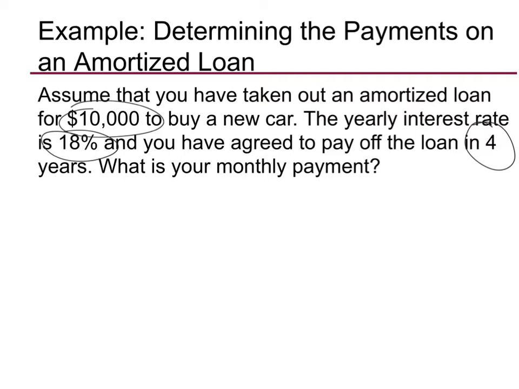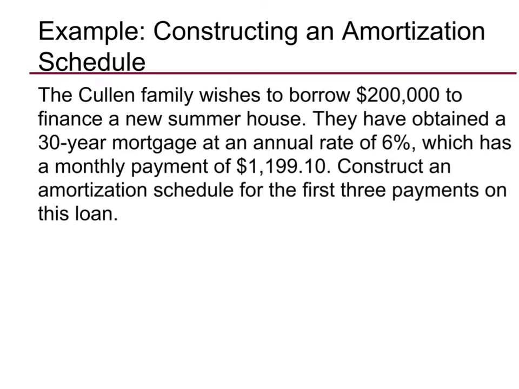Well, we could use the formula that I showed you that probably scared you, or we can use the spreadsheet, and we will in the next video. But the monthly payment on that amortized loan is $293.75. But that is just an example of the types of questions that we will see in this section and in the next video.